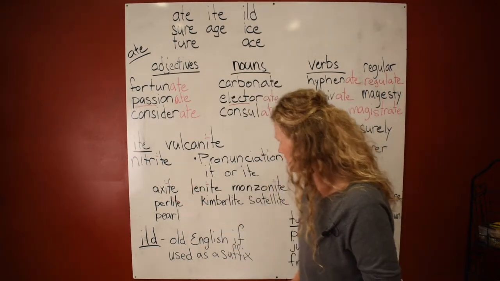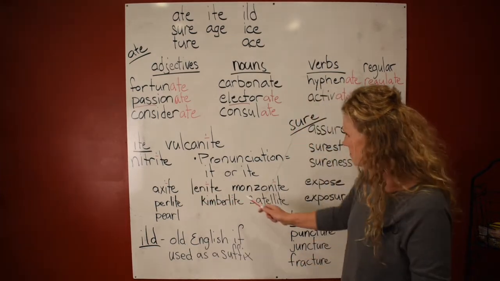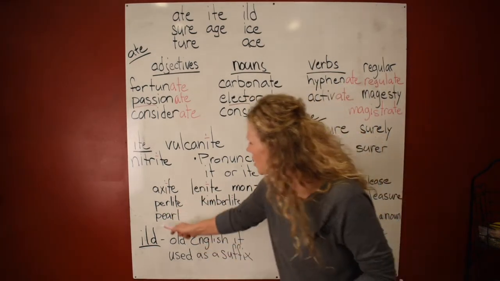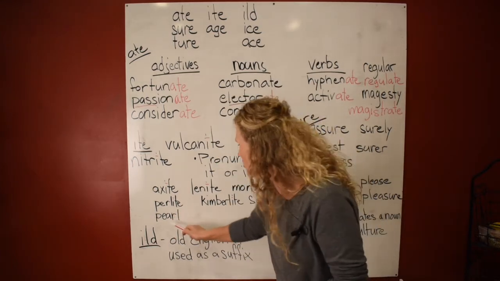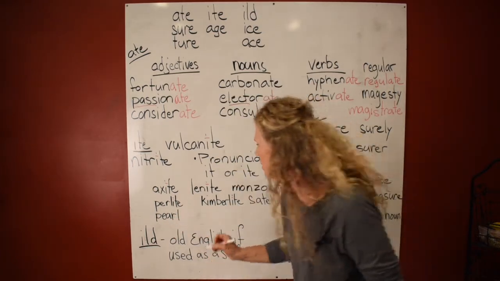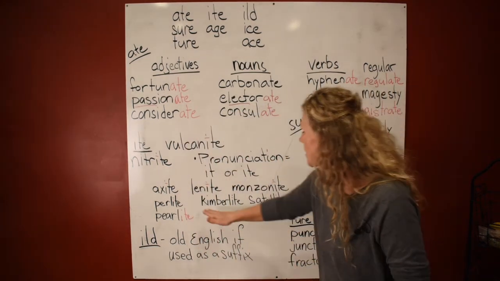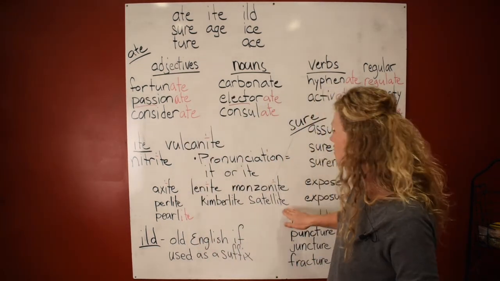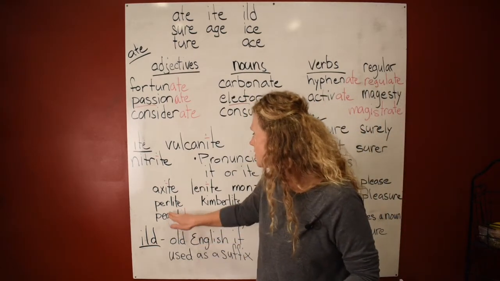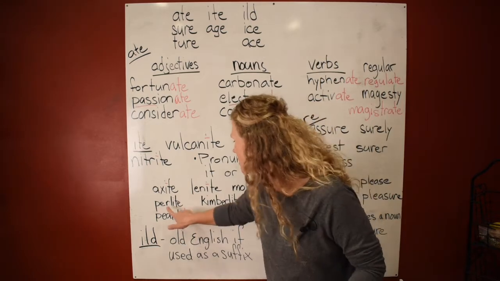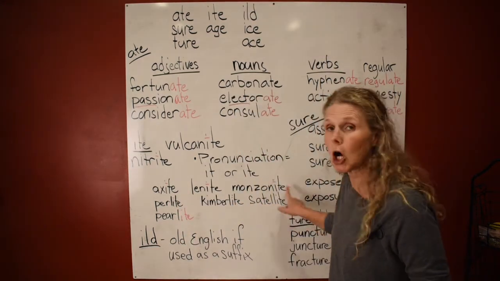Okay, axite, linite, monzonite, perlite. So this is also interesting. Perlite is the same word and you can still spell pearl and then add your ITE on the end. Kimberlite, satellite. Now I've also found anything that ends with the ul, light is long.